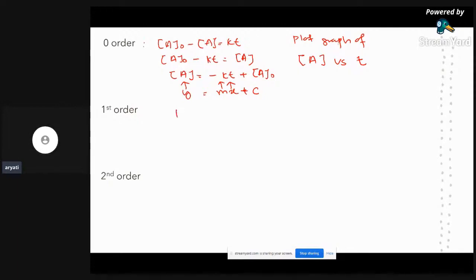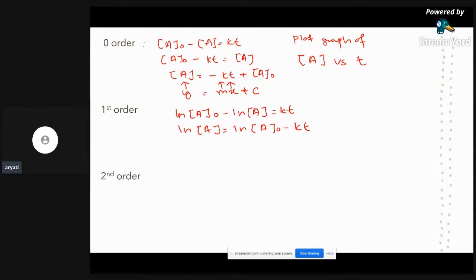For the first order, the integrated equation will be ln A naught minus ln A equal to KT. So ln A will be ln A naught minus KT. So kita pindahkan KT to the left side.